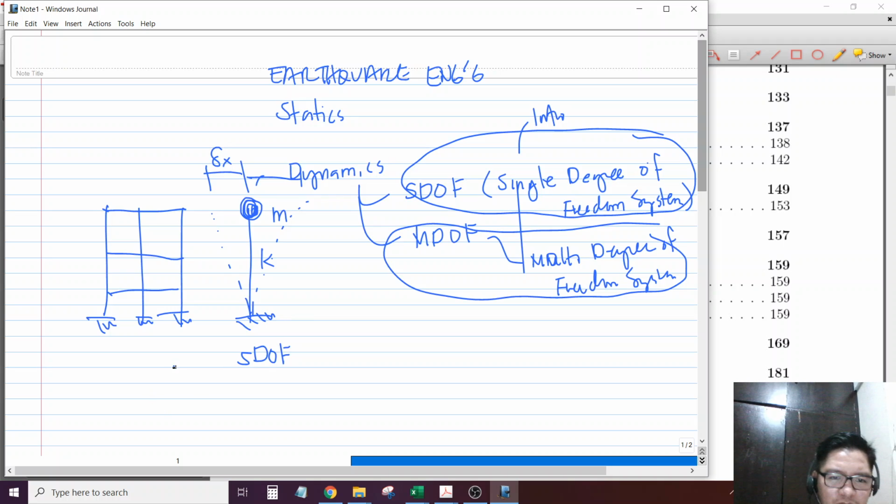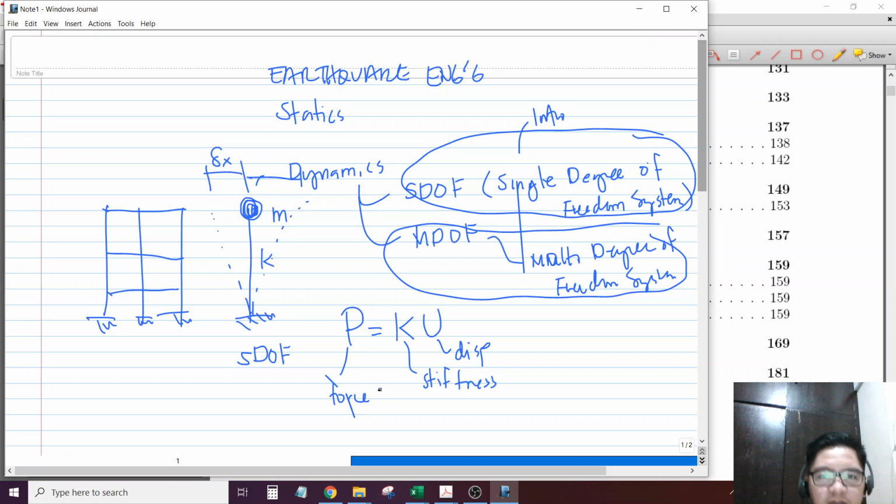Which leads me to this equation from the direct stiffness method: P equals KU. Remember, U is the displacement, K is the stiffness, and P is the force.